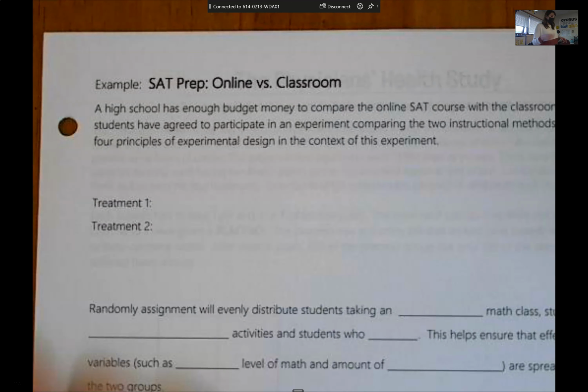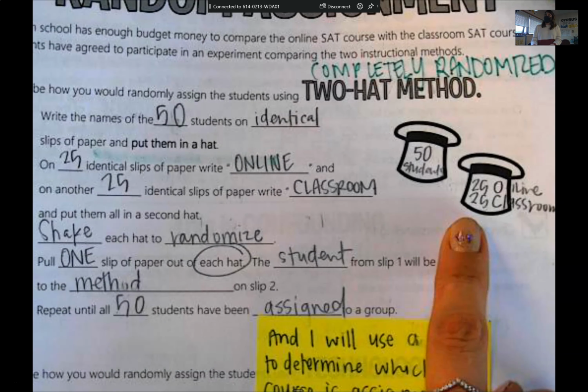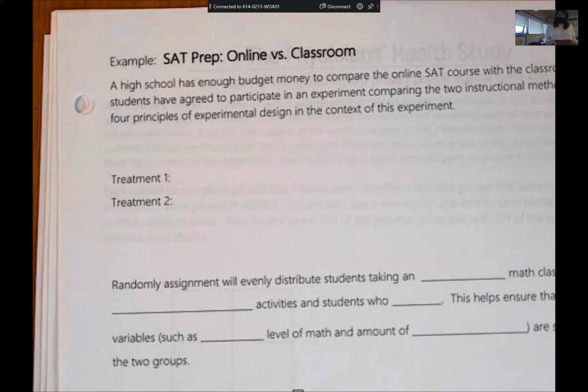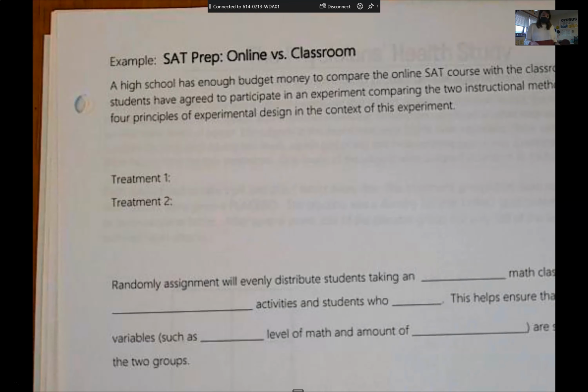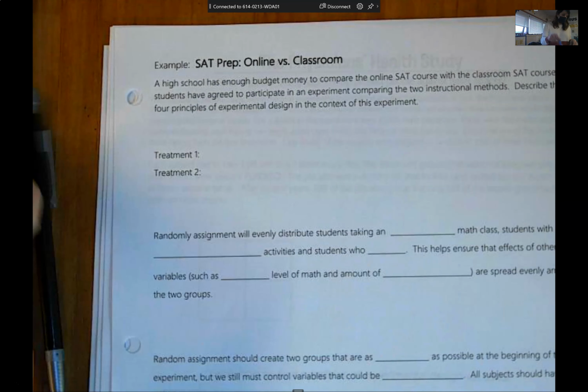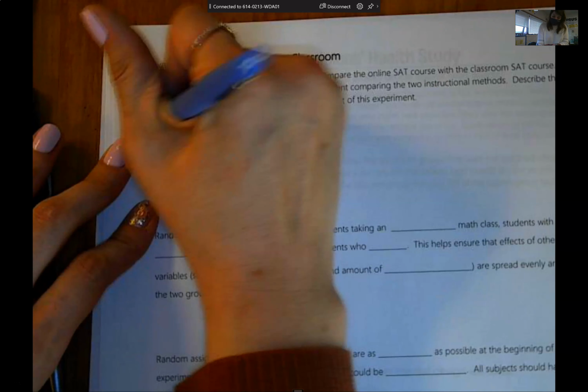So this is the same setup that we used when we had to walk through how we would randomly assign these students to either the classroom course or the online course. This is the same problem. So the first, well, actually, let's write down all 4 principles. This first principle is comparison. So we're going to identify the comparison in this experiment.